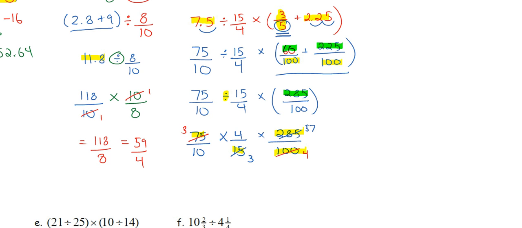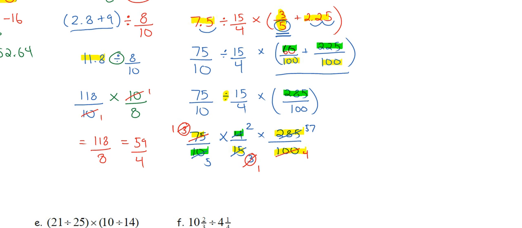Then I look at my 4 and my 10. Let's divide those by 2, so that will be 2 and that would be 5. And then you'll notice that I have a 3 here and a 3 there, so that's going to cancel off as a 1 and a 1.